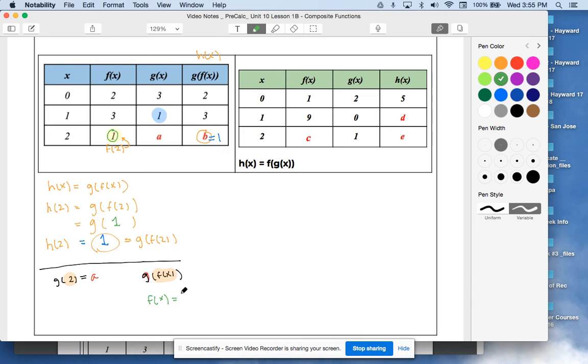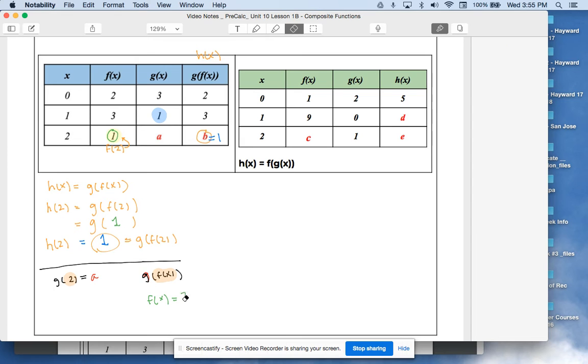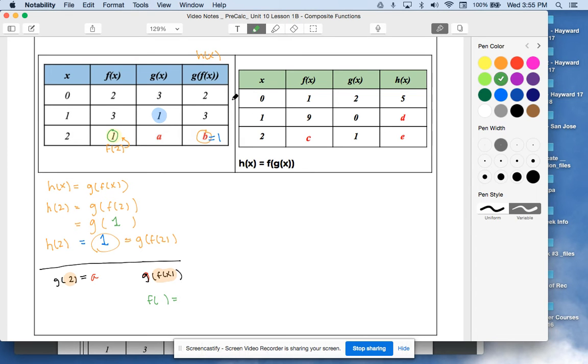Sorry, what input value is going to give us 2, because that's what we want here. This same 2 in green right here is the 2 that we want to figure out. So we have to look back on our table and see what input value will give us 2, but for the function of f.